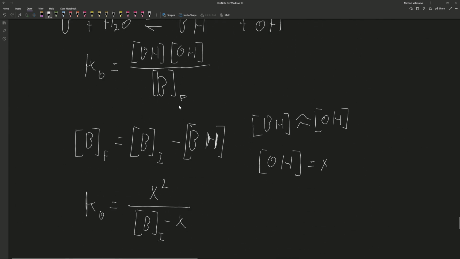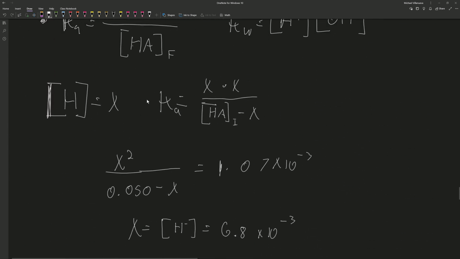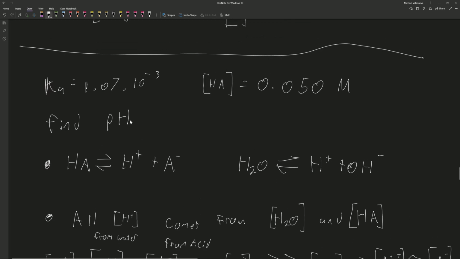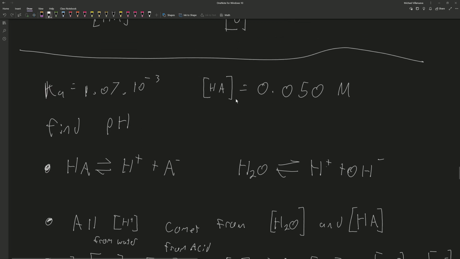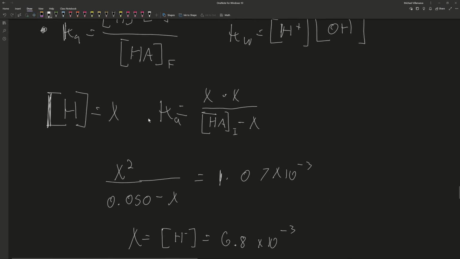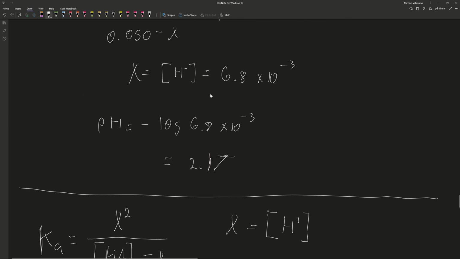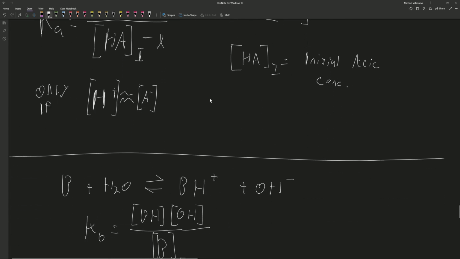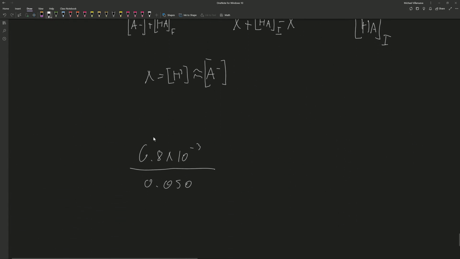And where does 0.050 come from? It comes from the initial acid concentration. So we had this initial acid concentration, and that gave us this final hydrogen concentration. If we take the hydrogen concentration and divide it by the initial acid concentration, we get a value of 0.14.